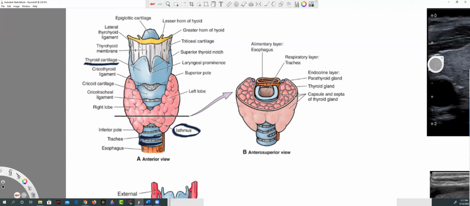As food goes down the esophagus, it has to allow room to push into the trachea. So that's part of the reason why these are rings that go 75% of the way around, not all the way around. Okay, as we come up, we already mentioned the thyroid cartilage or Adam's apple.